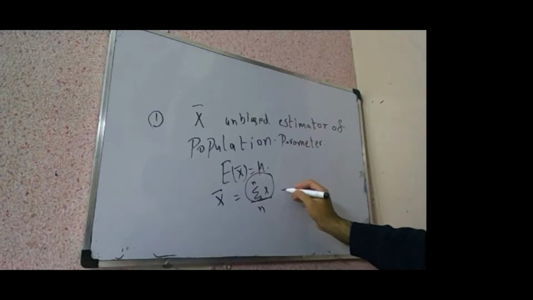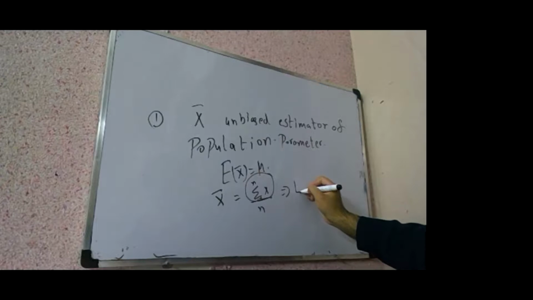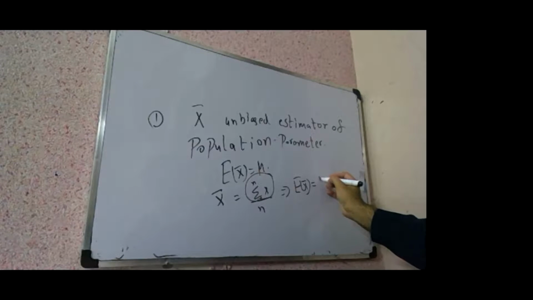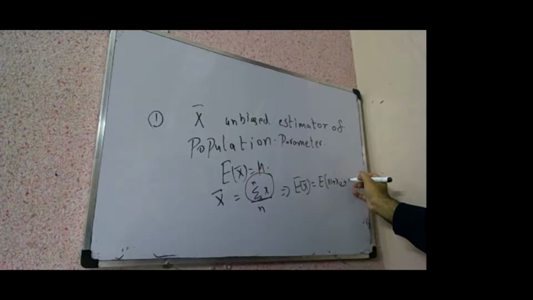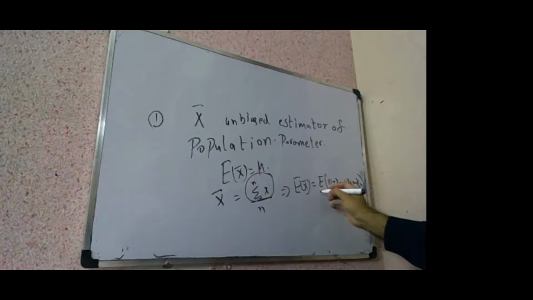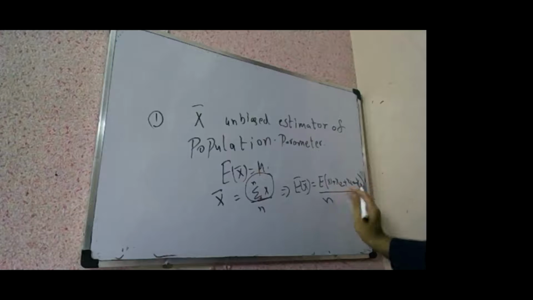We get the expected value of x bar is going to be the expected value of x1 plus x2 plus x3, and so on to xn, upon n. I just opened this summation.